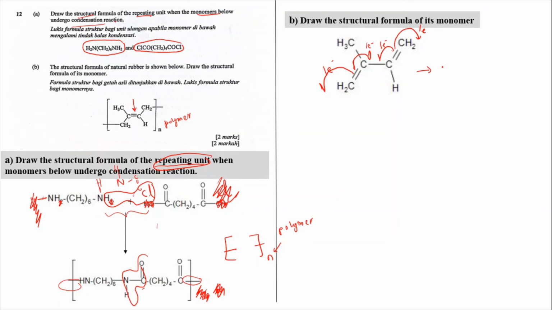And this, as a result, produces a polymer like this. So the monomer must have a double bond here and a double bond here, and then this one is going to be a single bond.